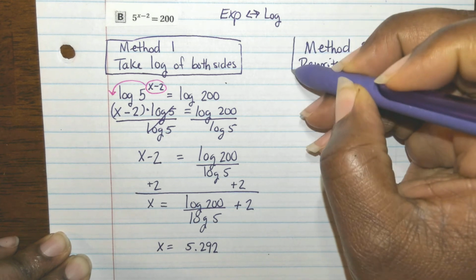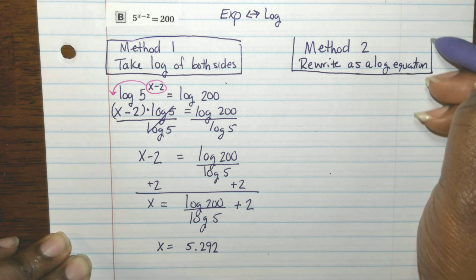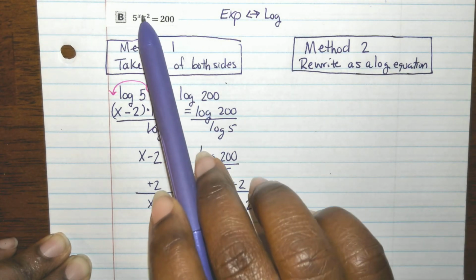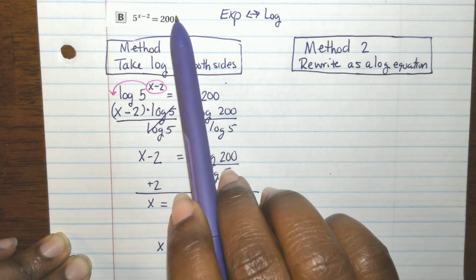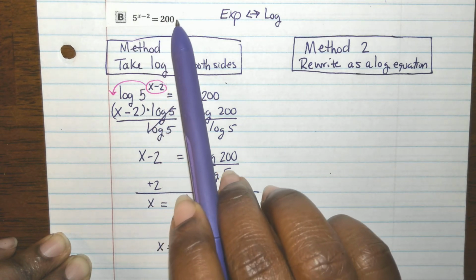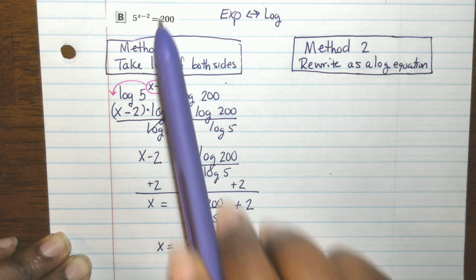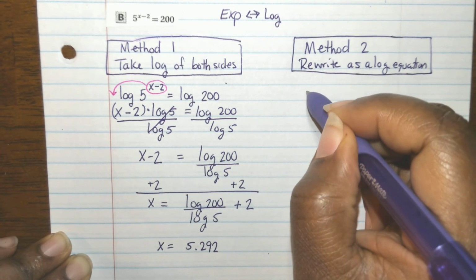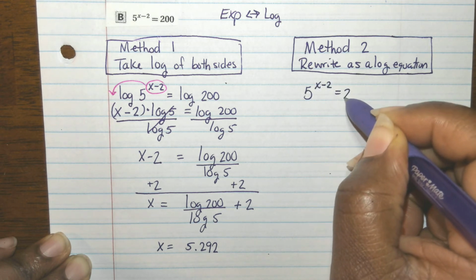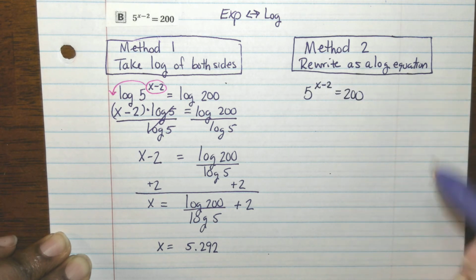Now, what do I mean by that? If you remember from previous sections, we can rewrite this, making it log of whatever our base is, and we can use the value that the equation gives. So I'm going to take 5 raised to the x minus 2 power equal to 200, and I want to rewrite as a log equation.